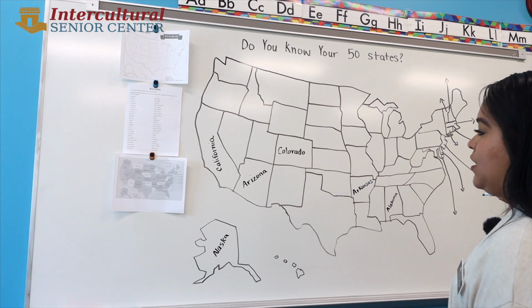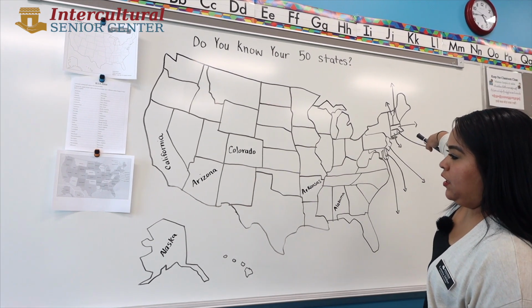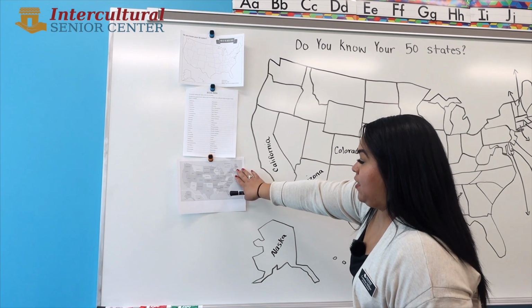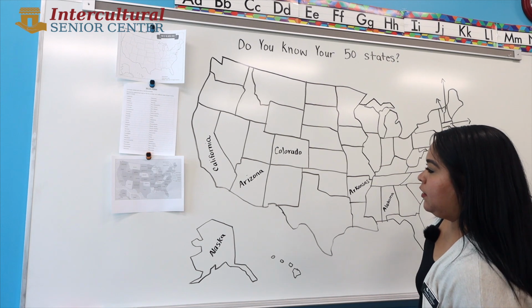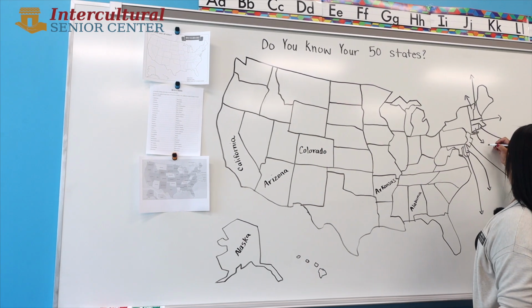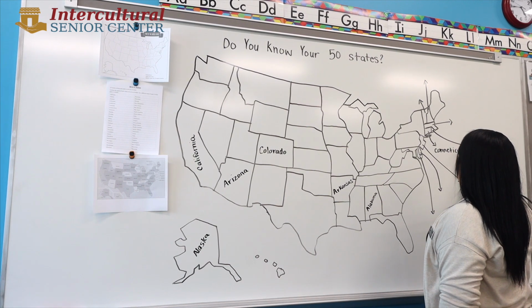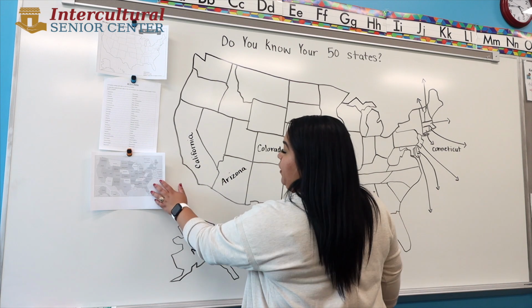Connecticut. Connecticut is one of the small states over on the East Coast. I'm just looking at my map to see where Connecticut is, since there's lots of states on this side. Right now, we are looking for Delaware.